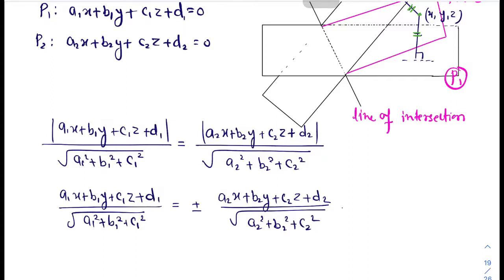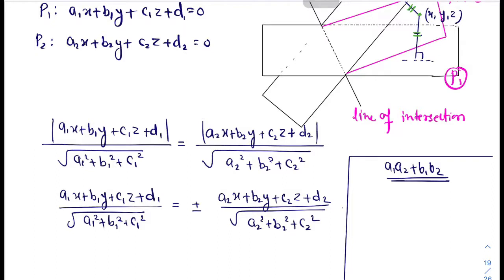How to determine whether to take plus sign or minus sign for obtuse, acute. You may remember in class 11th we calculated a1 a2 plus b1 b2, and we said that whatever the sign of a1 a2 plus b1 b2, that sign is going to give us the obtuse angle bisector.